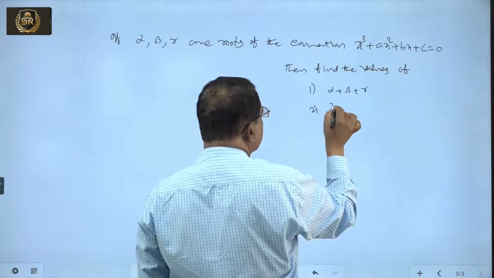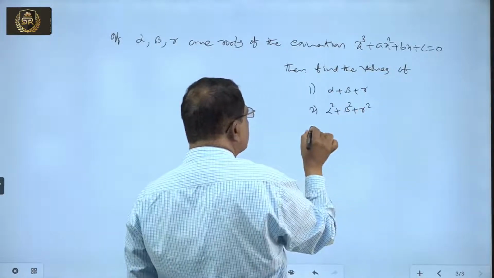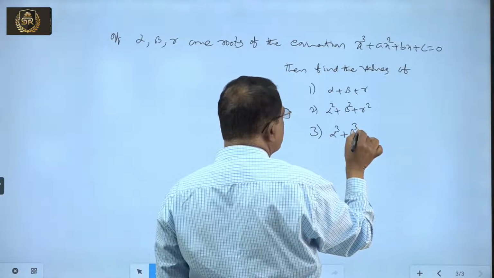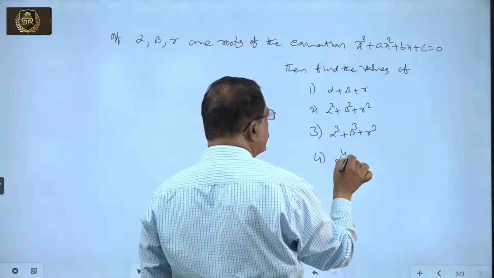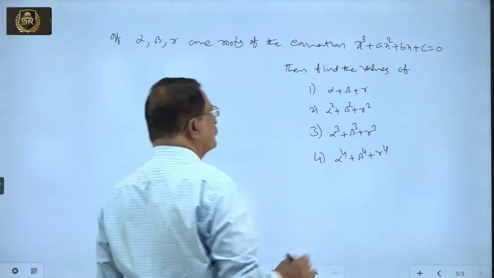Second, alpha square plus beta square plus gamma square. Third, alpha cube plus beta cube plus gamma cube. Fourth, alpha to the power of 4 plus beta to the power of 4 plus gamma to the power of 4, up to so on.